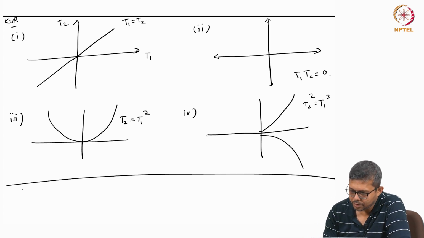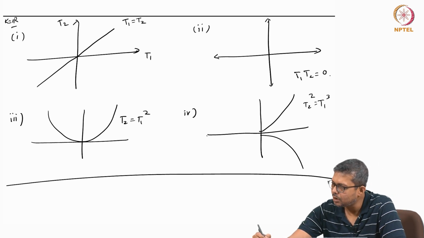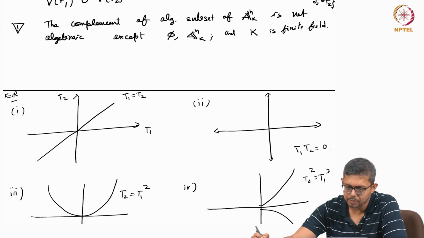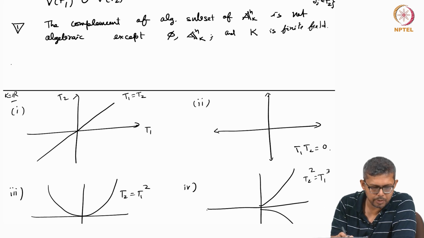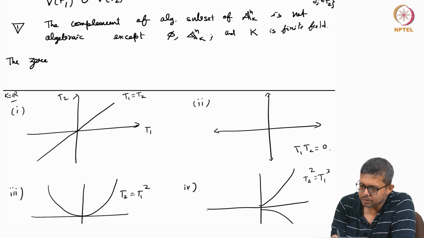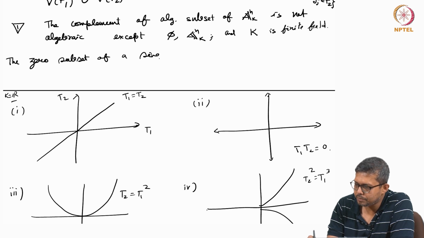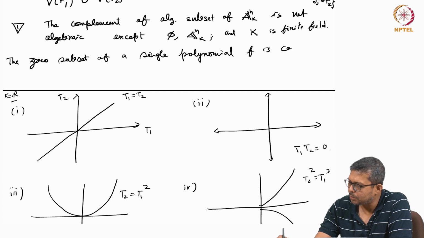First of all, I should have said that these are all examples of hypersurfaces. So here I should make a definition: the zero subset of a single polynomial f is called a hypersurface.